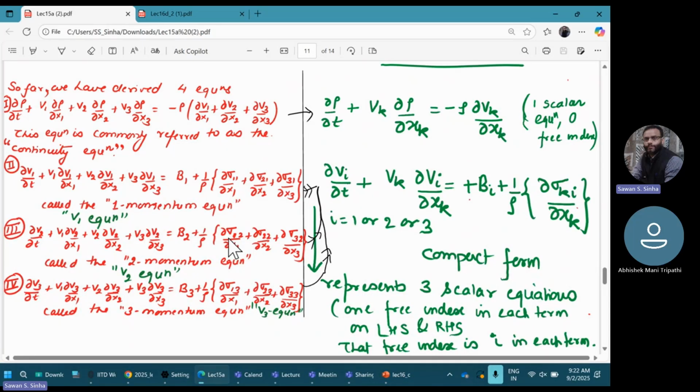Now keep in mind that when I'm writing an equation like this, k is a dummy index here also, k is a dummy index here also. Once upon a time we set a rule for ourselves that किसी भी term में कोई भी index 2 बार से ज्यादा नहीं होनी चाहिए.